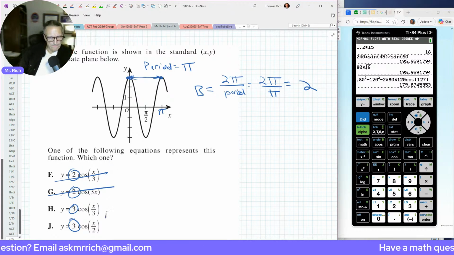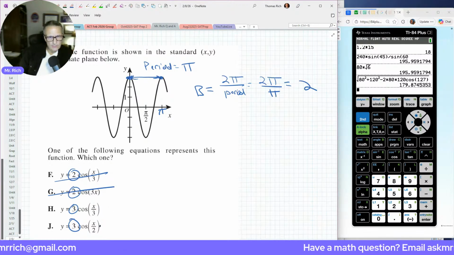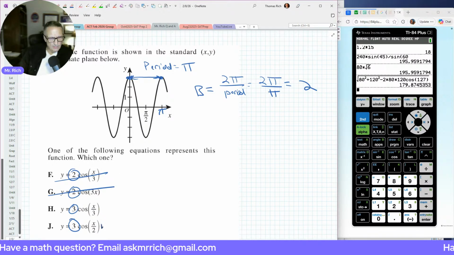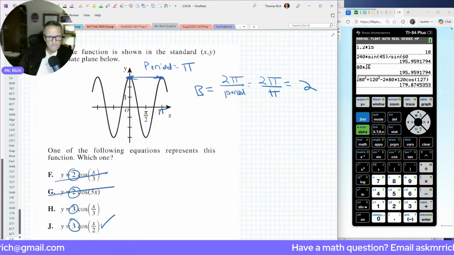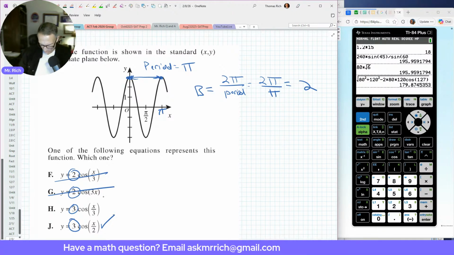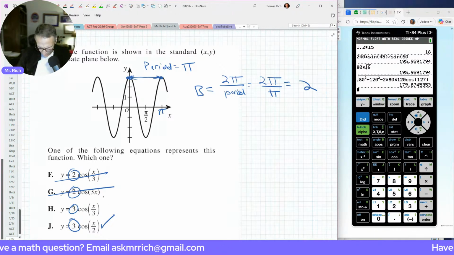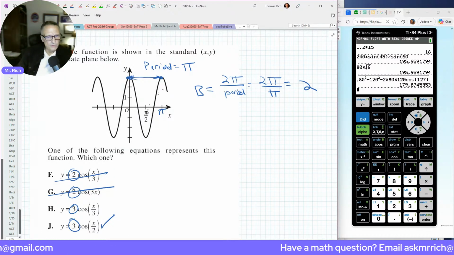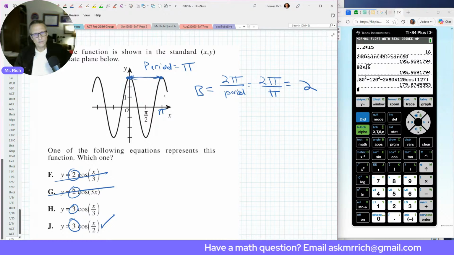Okay, now let's see what's going on here, because my period here is pi. So why is this x over 2? So the period is definitely pi. That is extremely interesting. So let's see.